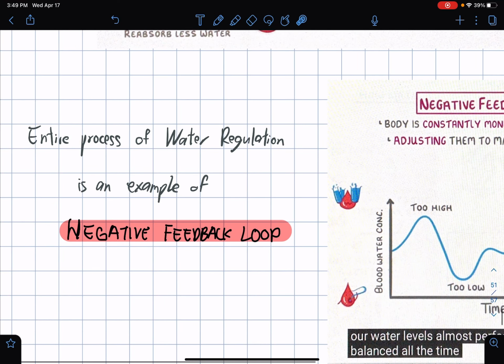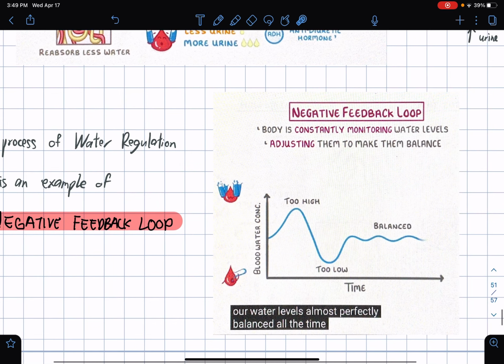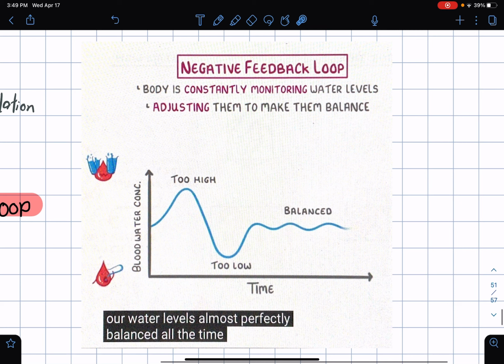And about the negative feedback loop, this is the entire process of water regulation. Basically, it's an example of a negative feedback loop. What is the meaning of negative feedback loop? Basically, the body is constantly monitoring water levels, so adjusting is important to make them balanced. This is a graph related to how the urinary system works.